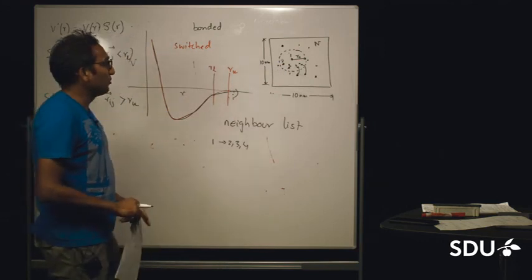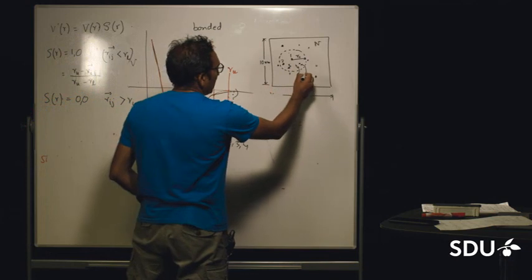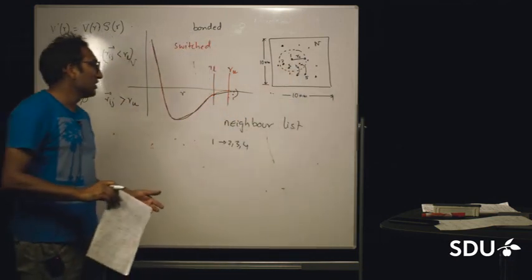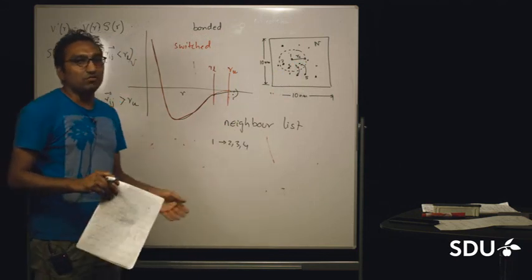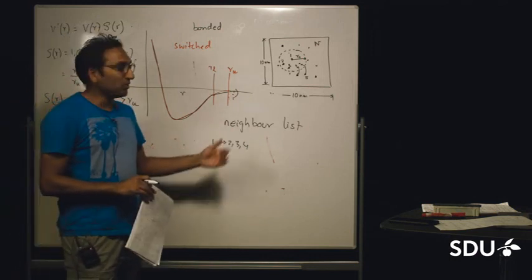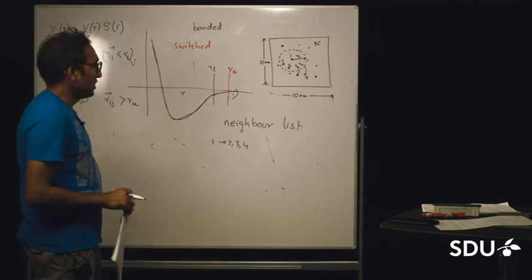But of course, one cannot keep doing this indefinitely, because eventually at some point particle 4 will leave and a new particle, let's say particle 5, will come in. So what you can do is say, I'm going to update my neighbor list every 10 steps or every 20 simulation steps. Of course, this is an approximation, but it results in a great increase of efficiency in the simulations.